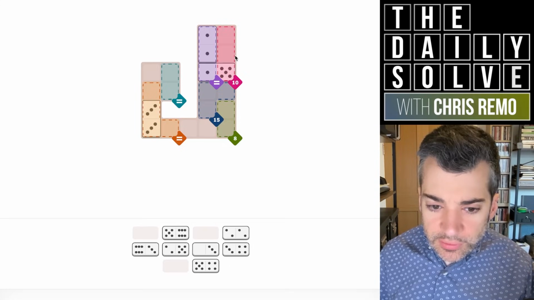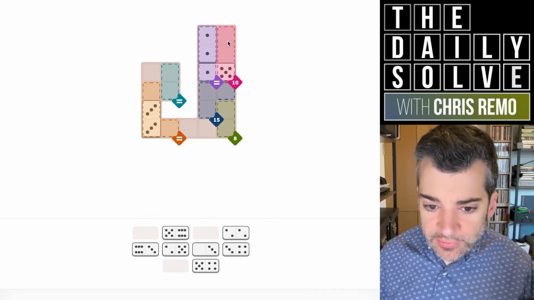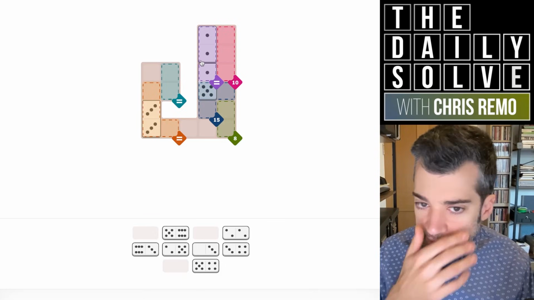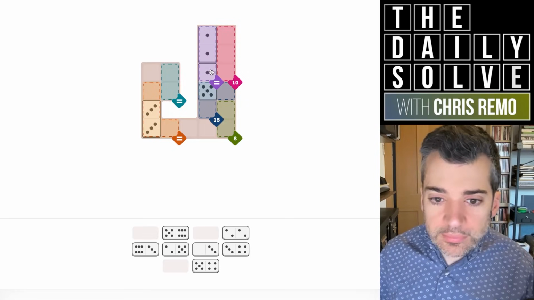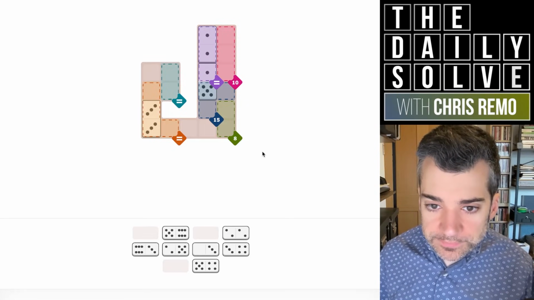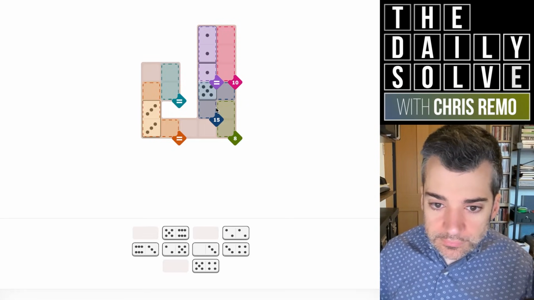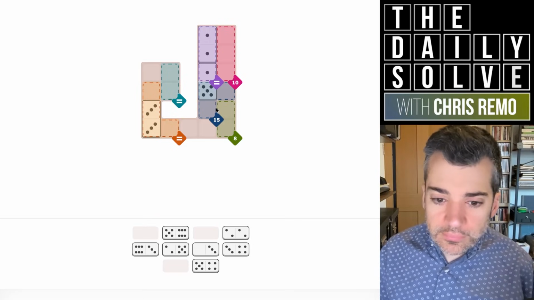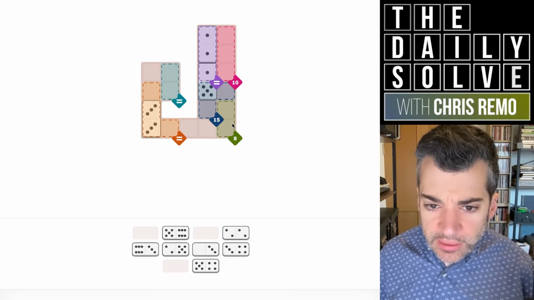I don't think this works because we can't make 5 in a single cell. So if it were 1s, the 5 would have to be pointing down. What does that tell me? And I don't think we can ever make the 8 in a single domino.